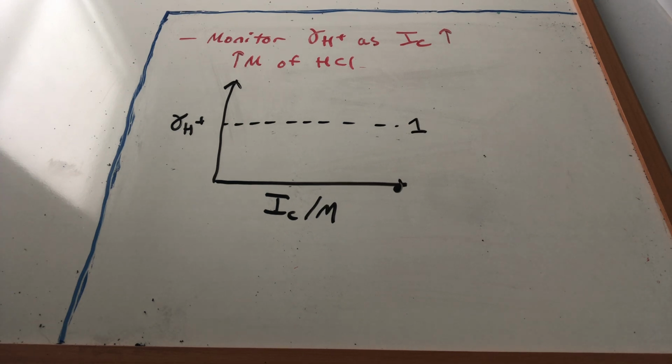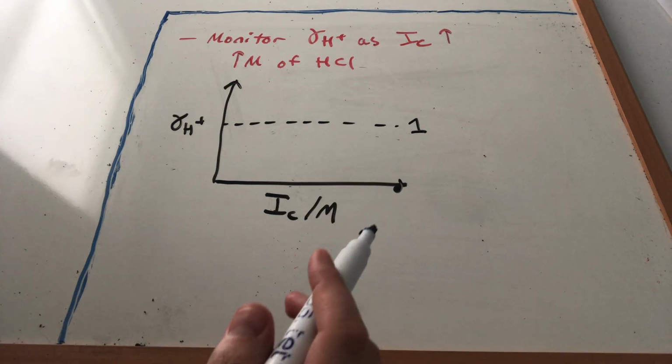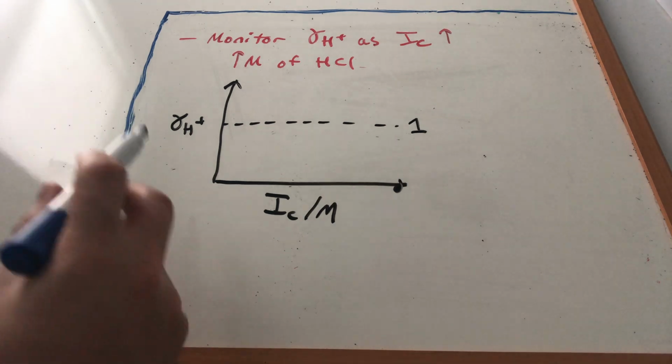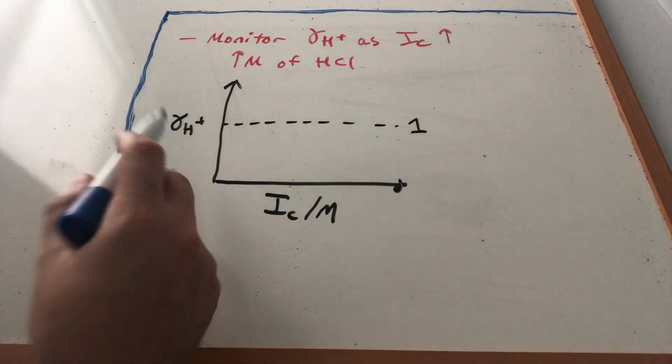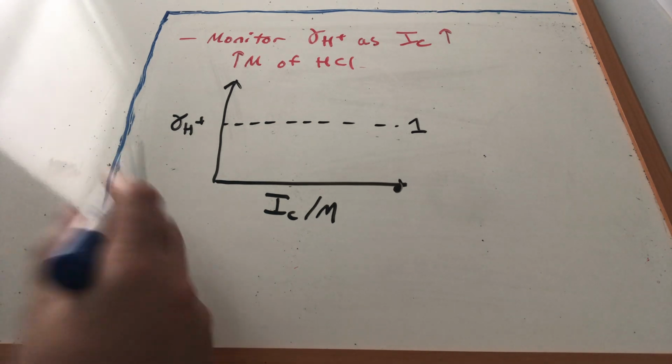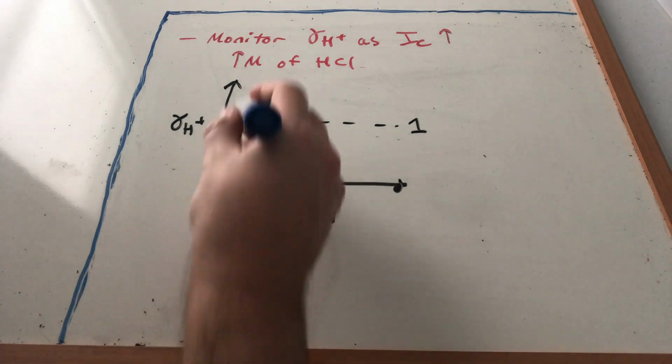When our ionic strength is really low, our gamma for anything is 1, because for these solute particles, these things that are in water, when there's a low amount of them, it's dilute, it's ideal. Gamma is 1, and the concentration is all you need.